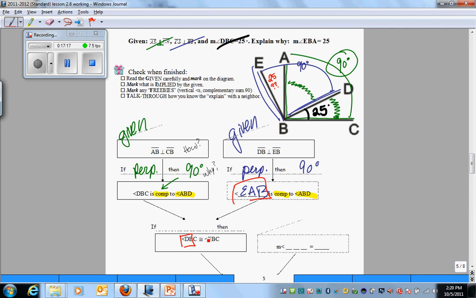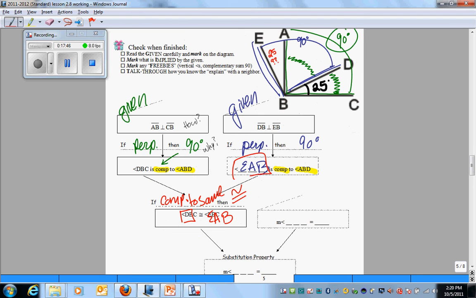So we have DBC here. This should read EAB there. And why are they congruent? Because if complementary to the same angle, then congruent. Complementary to the same angle, then congruent.